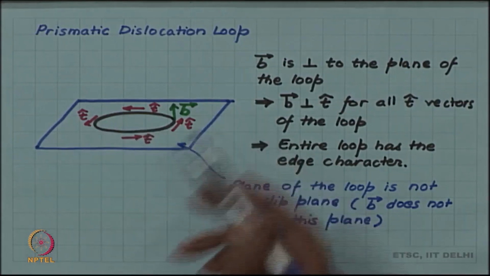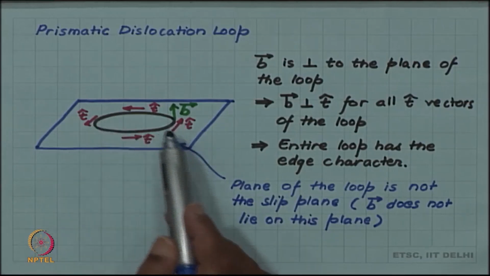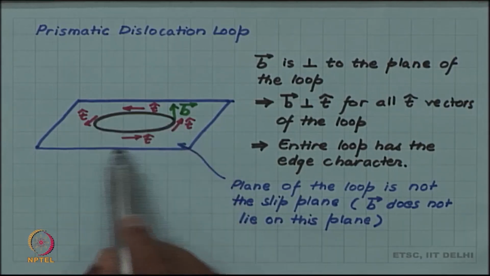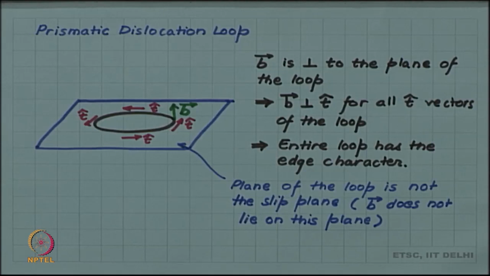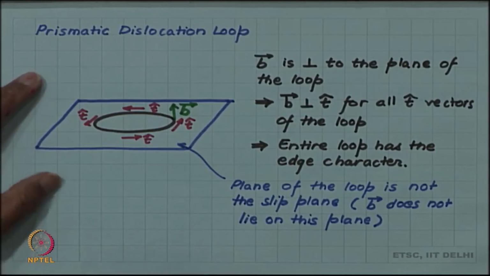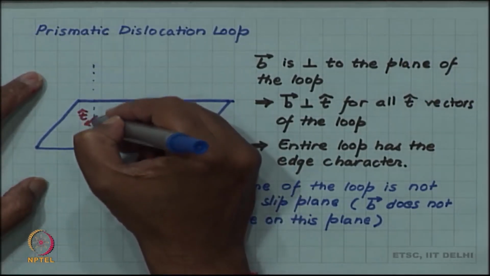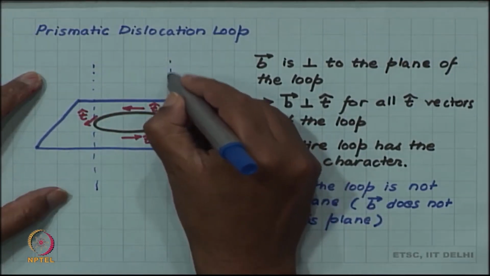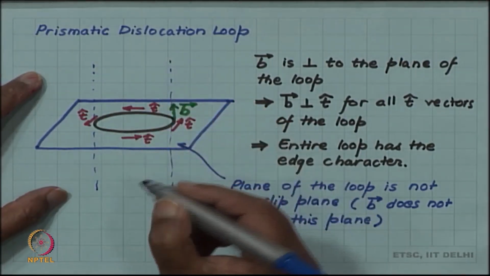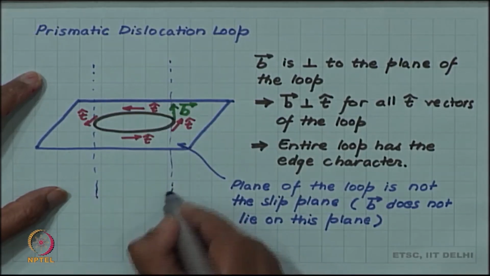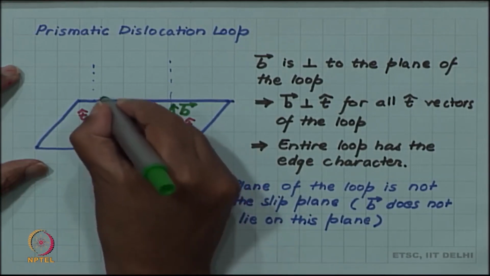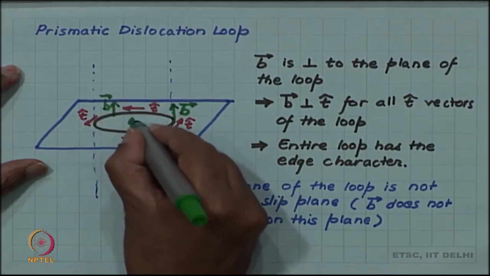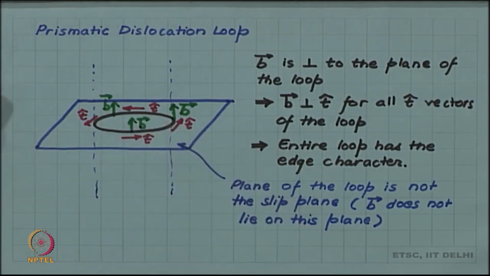So, this plane, the blue plane which I have drawn here, the plane of the loop in which the black loop is lying, only contains T, it does not contain B. So, then what is the slip plane of this dislocation? The plane containing both B and T will be, since B is perpendicular to T and B is constant, so B is everywhere perpendicular to the dislocation line.